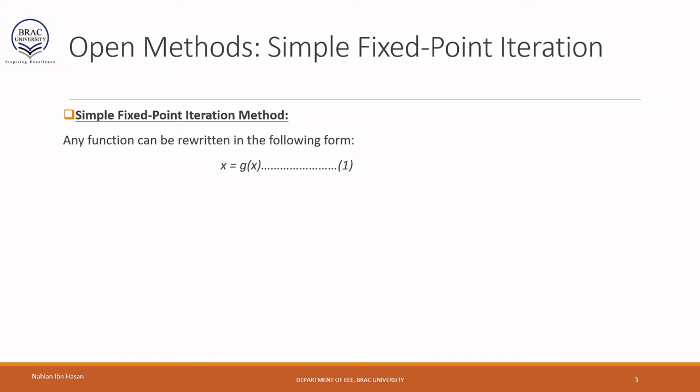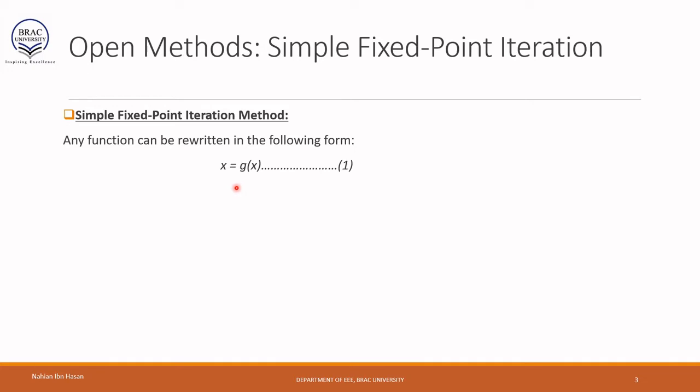Any function can be rewritten in this form, x equal to g of x. This is the first step of simple fixed point iteration, that we rewrite a function into this new form, equation 1, x equal to g of x.